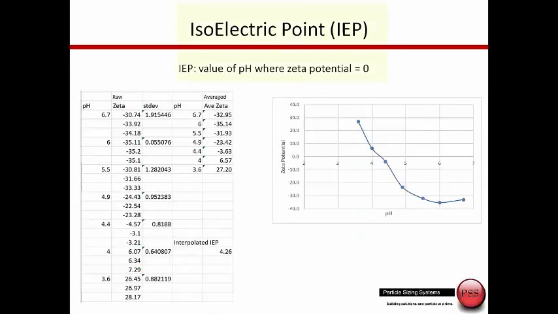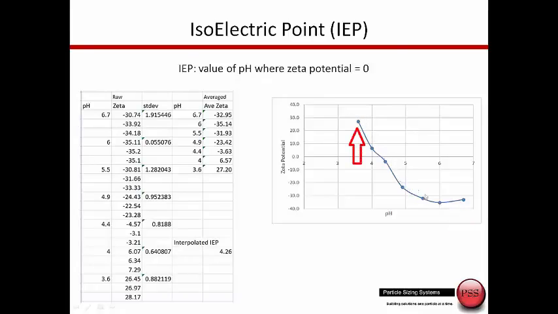The next zeta potential result I'll show you is an isoelectric point determination. The isoelectric point is the determination of at what pH do we reach a zeta potential of 0. This is a sample that I started titrating. I was just titrating by hand. It started at a pH 6.7. I was adding acid to reduce it down to a pH below 4.